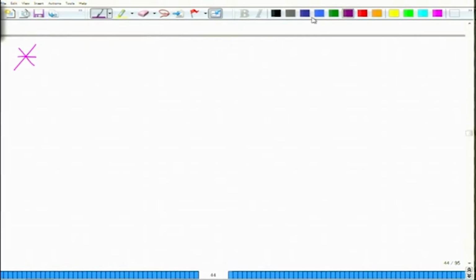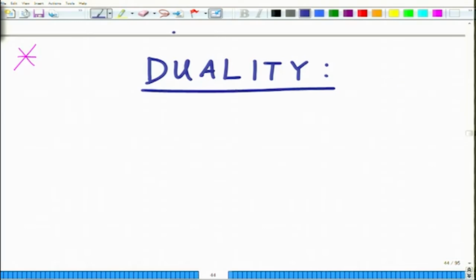Alright, so what we want to look at is duality and some problems. To understand this, let us look at this problem. This is, for example, problem number 9.